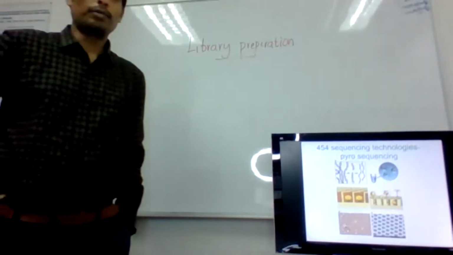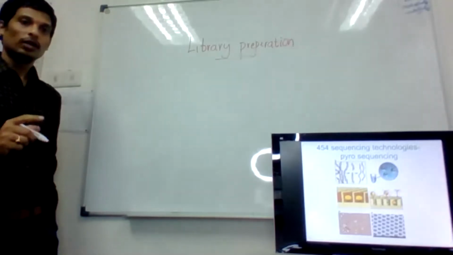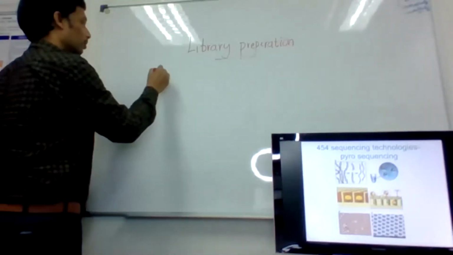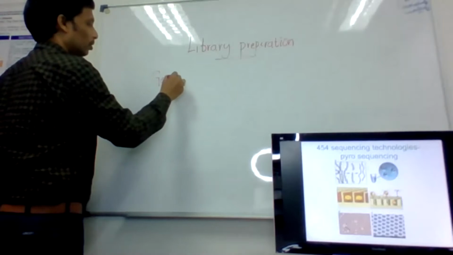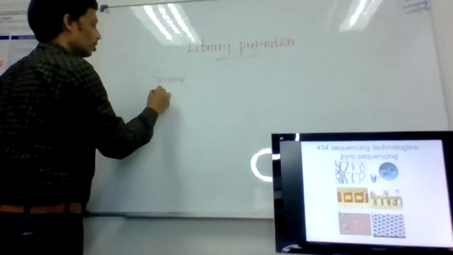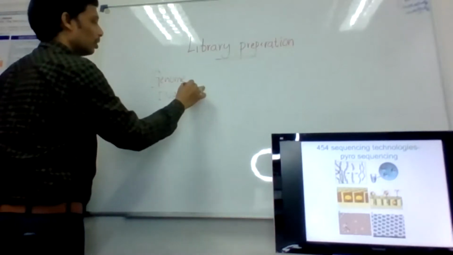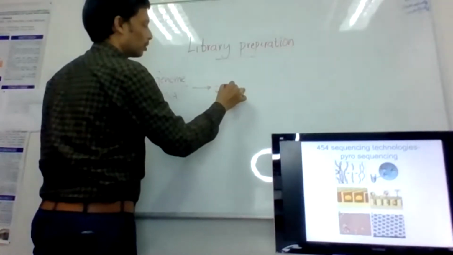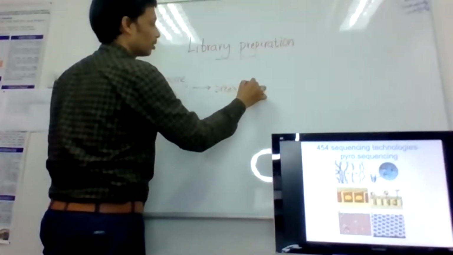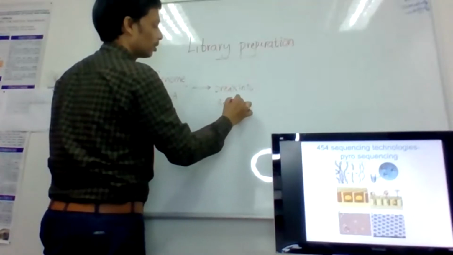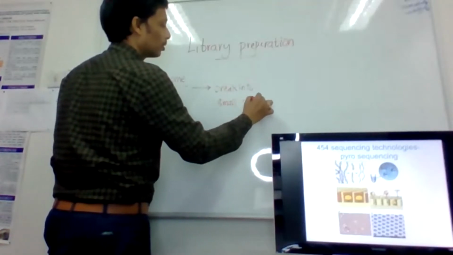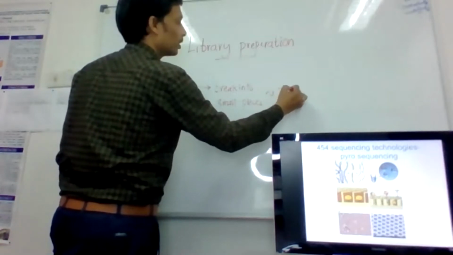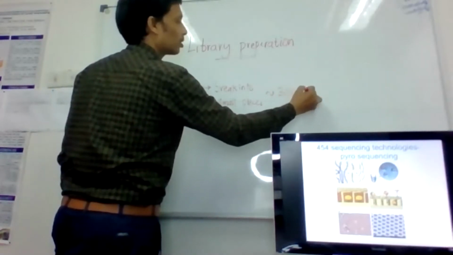So how to do the library preparation? First, you need to take the genome or DNA. This you need to break into small pieces, around 300 base pairs.